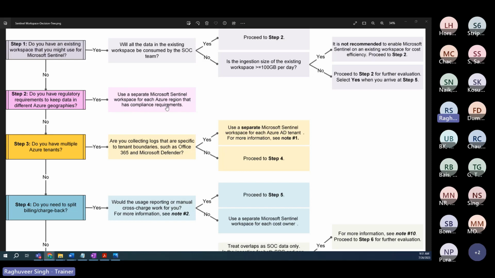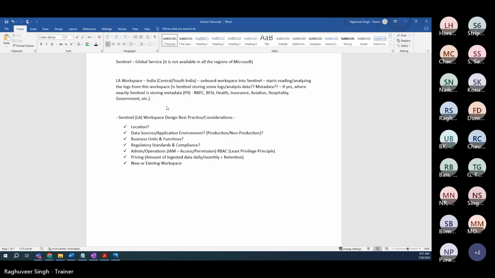Now, here are 2 things that you need to understand. First is log data, and second is metadata. Now, log data comes from data sources, and you already know what data sources are.